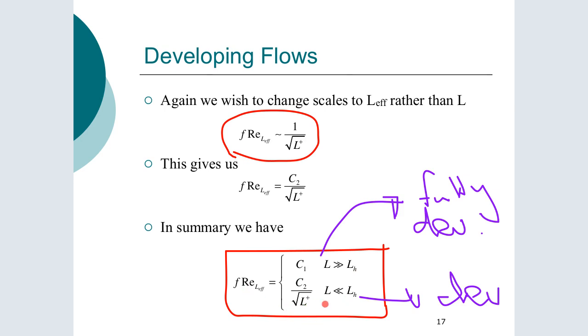And if we're inside the developing region, so the flow has not become fully developed and our length is shorter than the entrance length, then we have it as some constant divided by the square root of L plus. So if this scales with 1 over root L plus, then the friction factor is equal to a constant times that. So that's our two conditions.